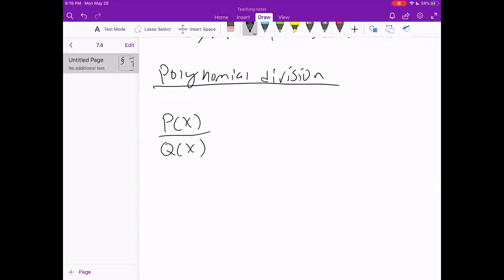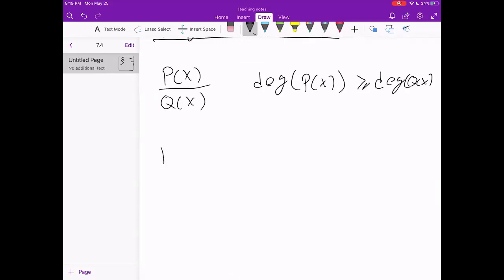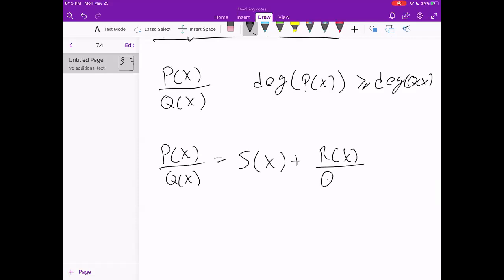So the idea is, if the degree of p of x is greater than or equal to the degree of q of x, then I can write p of x divided by q of x equal to s of x plus r of x divided by q of x.